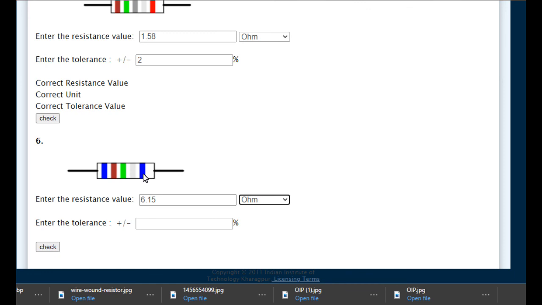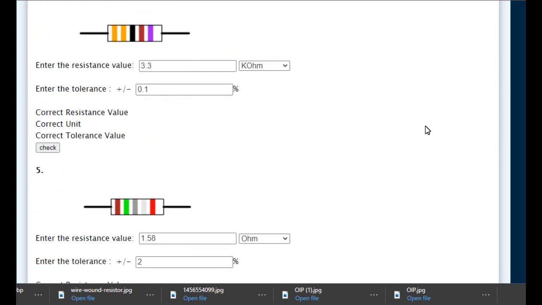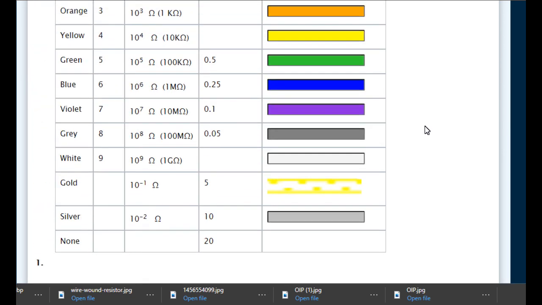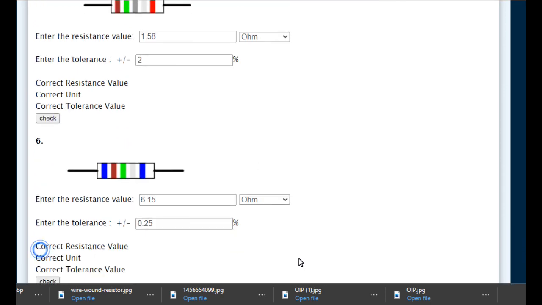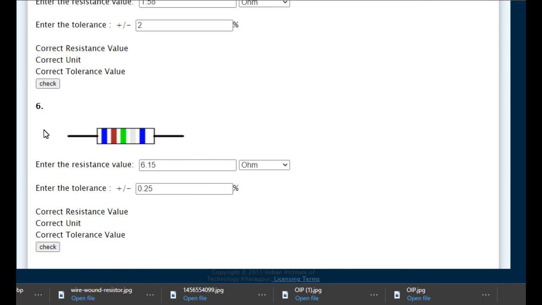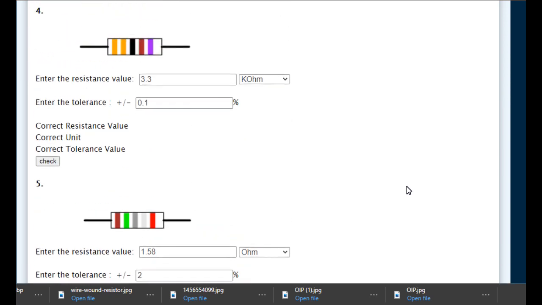Now the blue tolerance band, I think it should be 0.25%. You should check from the list also. Yes, it is 0.25%. Now click check. Yes, so the entire 6 self check assessment has been passed.